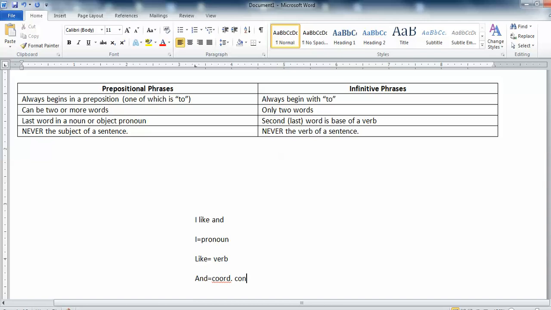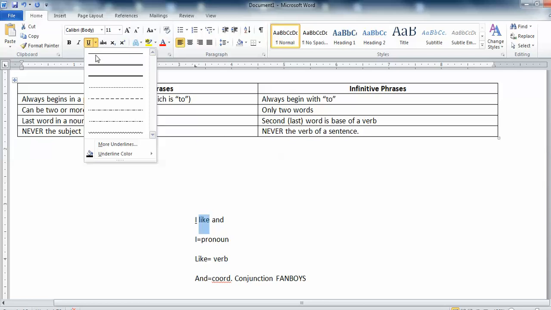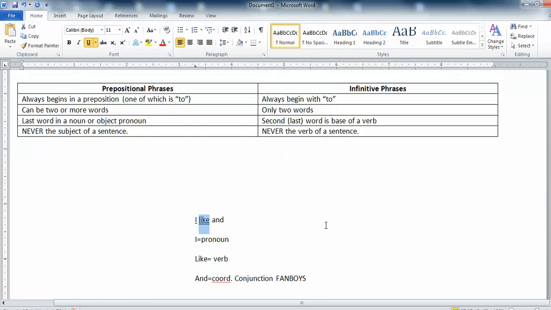I'm just going to abbreviate that and leave that to you to go check out. If you don't know what I'm writing here, if that doesn't make any sense, you need to go check into it, right? Okay, and we know that who likes here? I. So there's my subject, and we know that like is the verb, so here is the verb of the sentence, right? Okay, there you go.